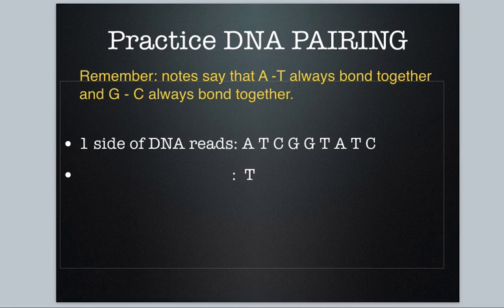Hopefully you said T. Well, if A bonds with T, what does T bond with? A. C. What does C bond with? It's not A or T. C bonds with G. What are those 2 G's going to bond with? C. What does the T bond with?